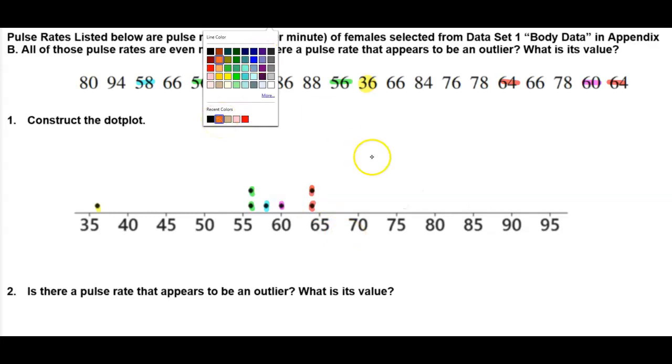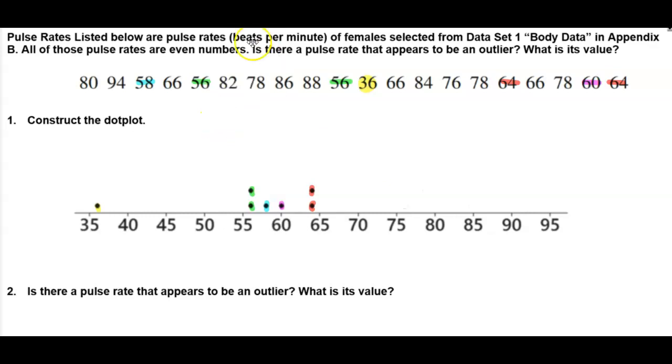And the next one we have is 66. So we have 1, 2, and then 3. So right after 65, we have 3 dots for the 3 66s that we have.